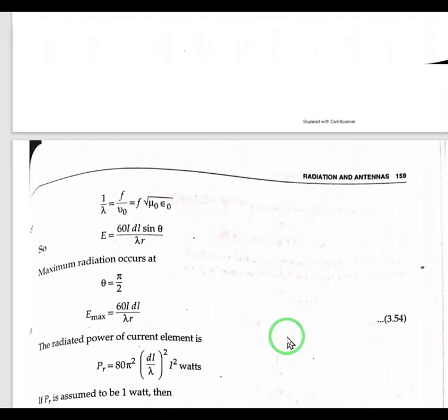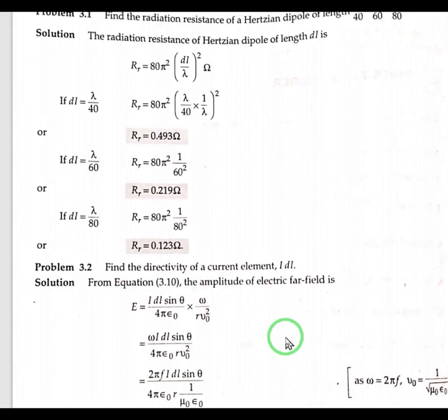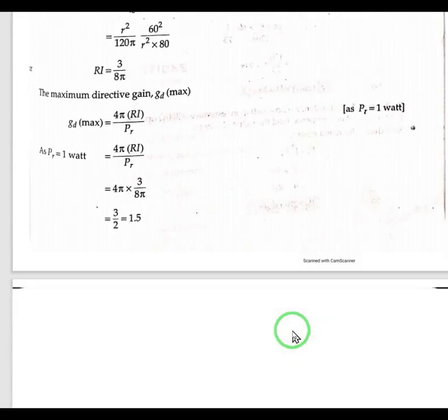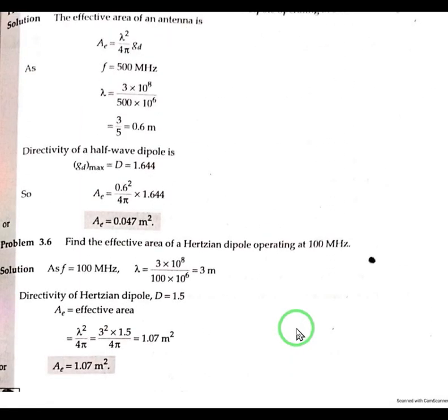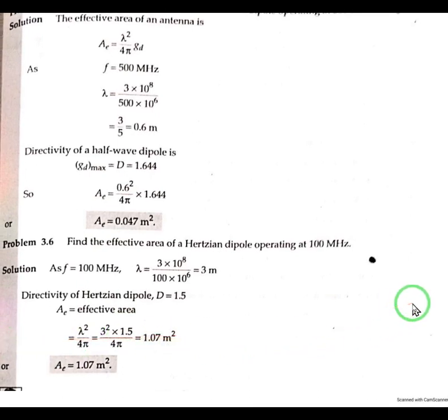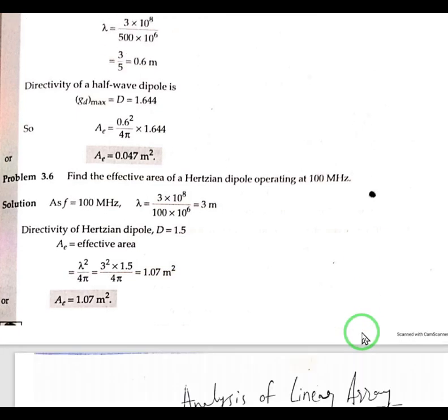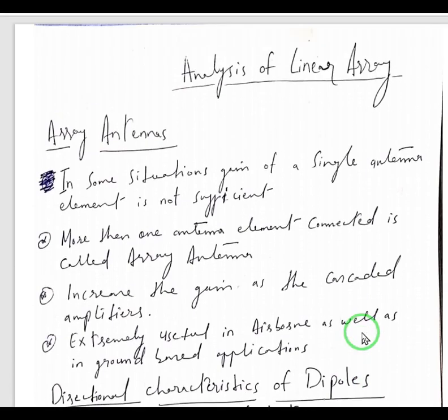Here we derived the directivity of the alternating current element. So these were the questions selected from the last chapter, topics that had to be discussed, and they are discussed.